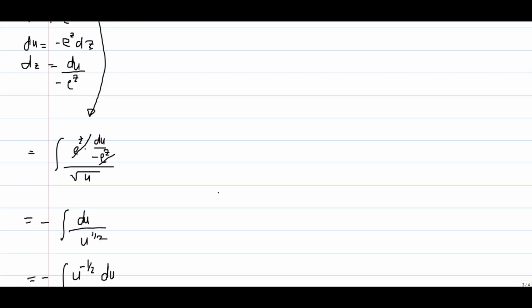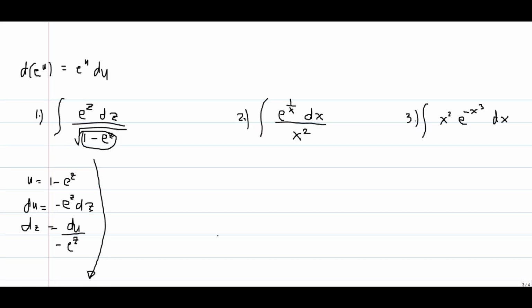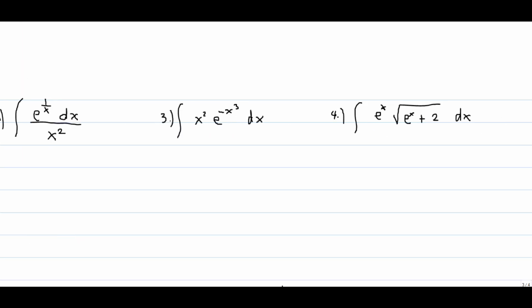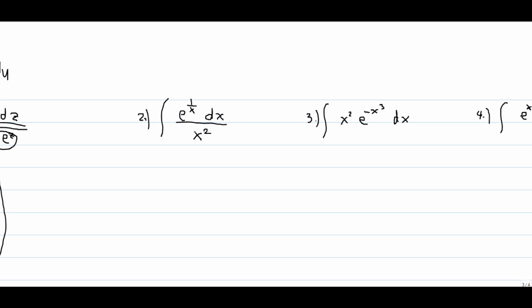So another problem. Okay. So what is the antiderivative of e to the power 1 over x dx over x squared? Okay. So by the way, I let u here be 1 over x. Okay. Then we have x to the power negative 1, then the inverse function of 1 over x, that is x over x to the power negative 1.